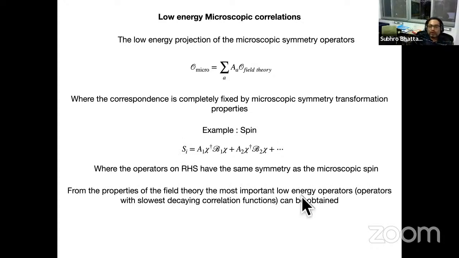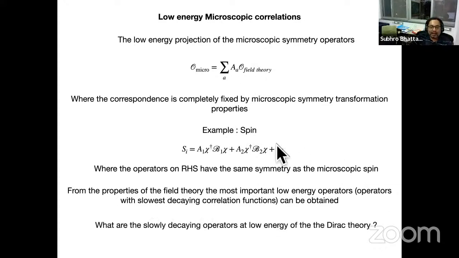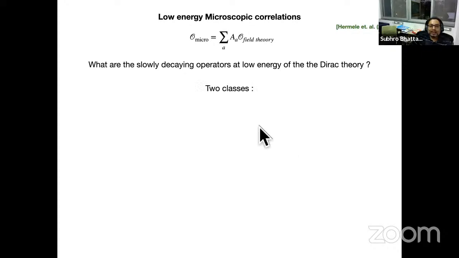And what we know is that for these kinds of theories, there are a bunch of field theory operators which are most important, which have the slowest decaying correlations and affect the low energy theory most. The question then is, what are these slowly decaying operators in the low energy Dirac theory? It turns out that there are two classes of such operators.